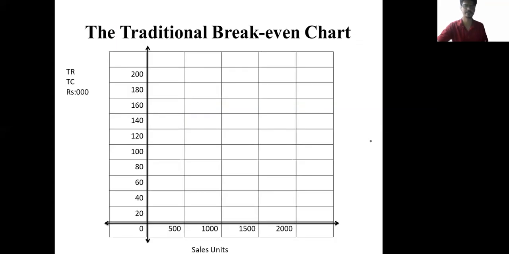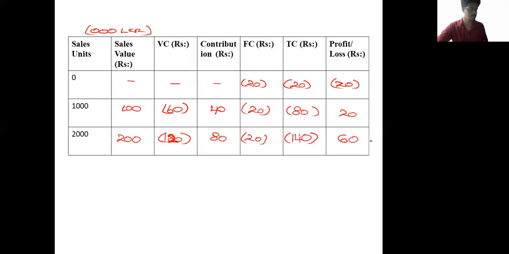Now let's draft the traditional break-even chart. First, let's mark the points. We need to draft the total revenue curve and the total cost curve. Total revenue you can identify here. Sales 0, 100, 200.